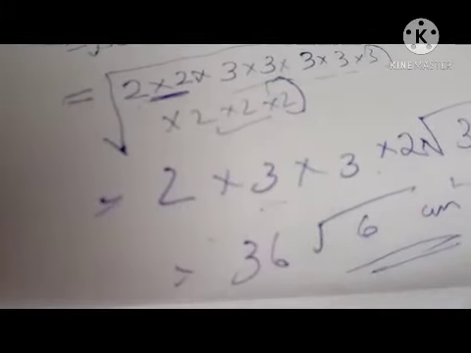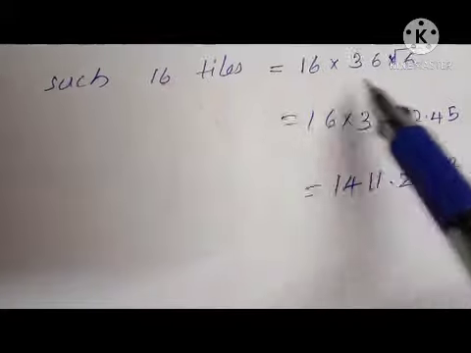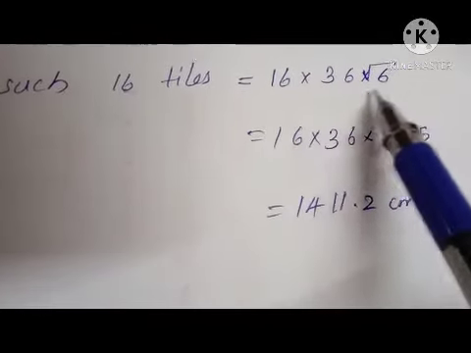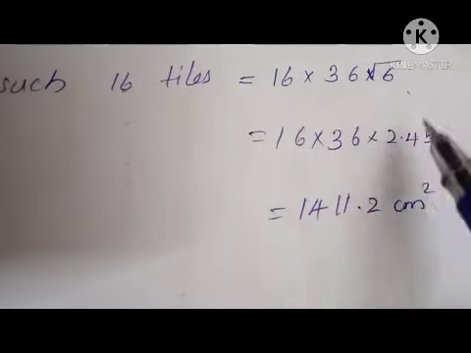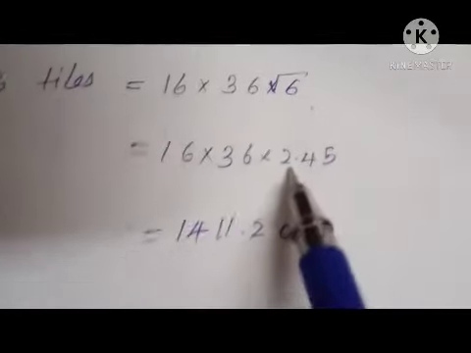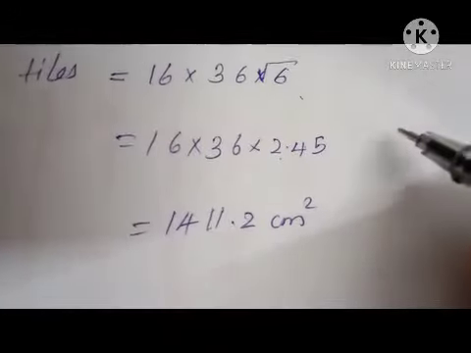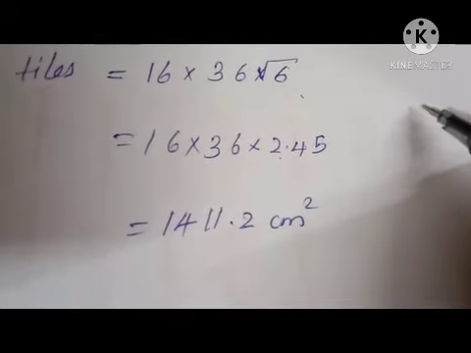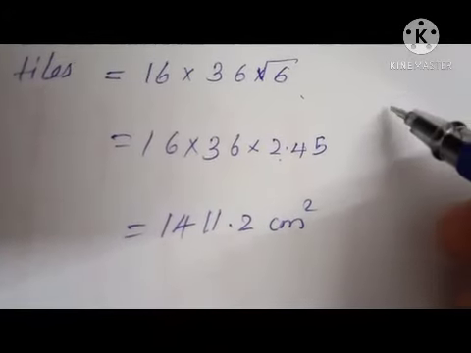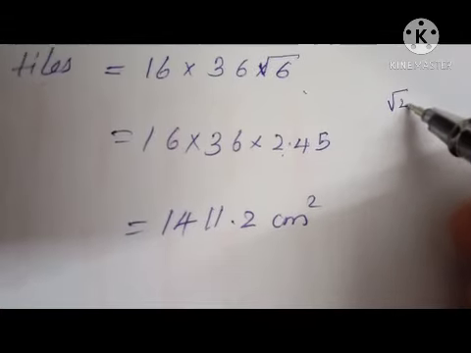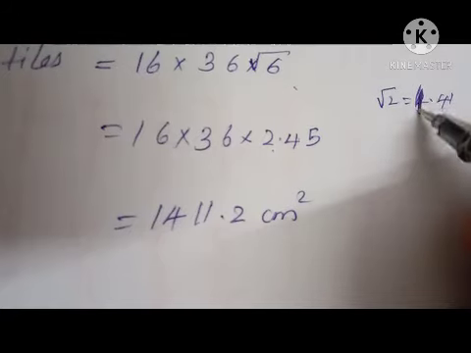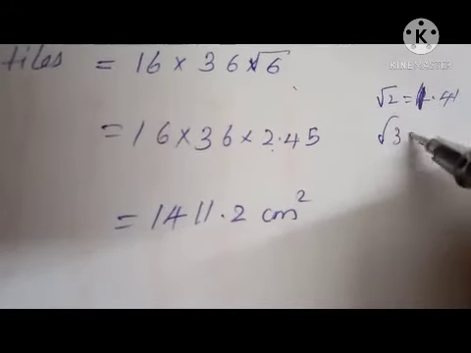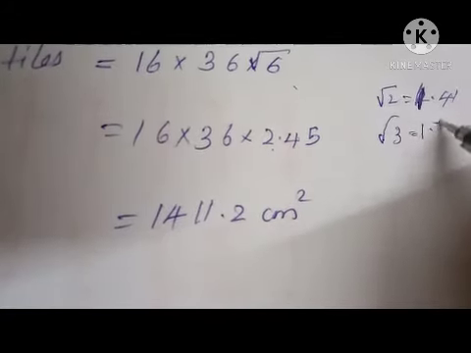Such 16 tiles are there. The area of such 16 tiles equals 16 into 36 root 6. The value of root 6 you will get as 2.45. That you will study in detail in chapter 1 later. For now, just understand the value of root 2 is 1.41 and the value of root 3 is 1.73.